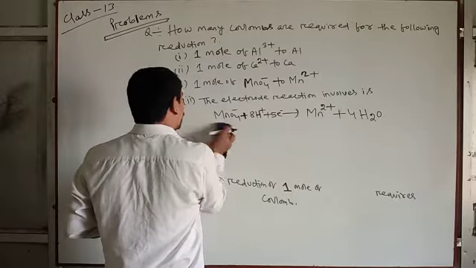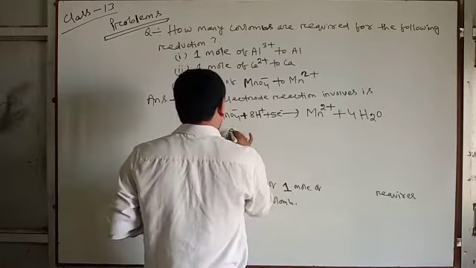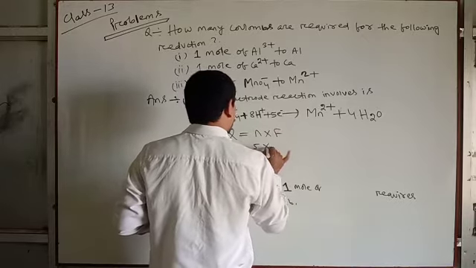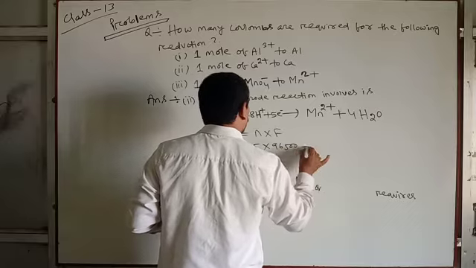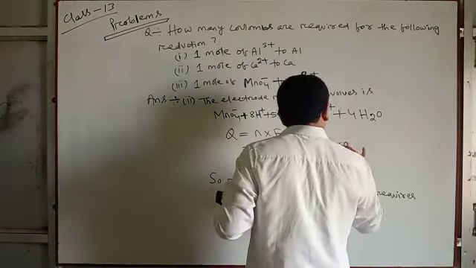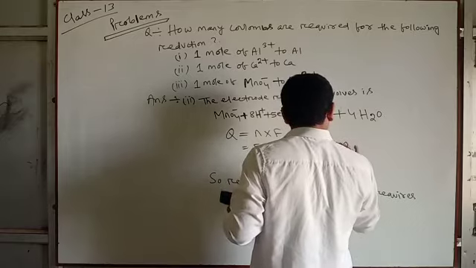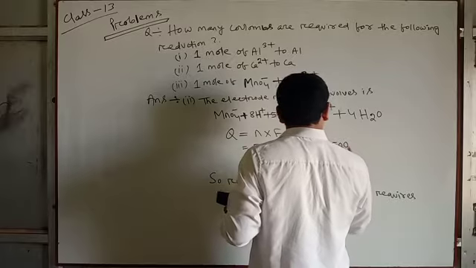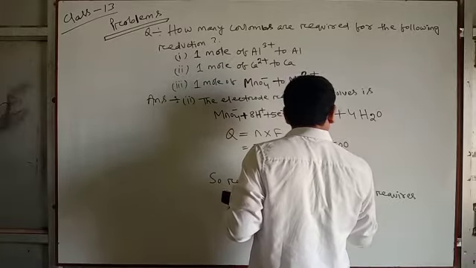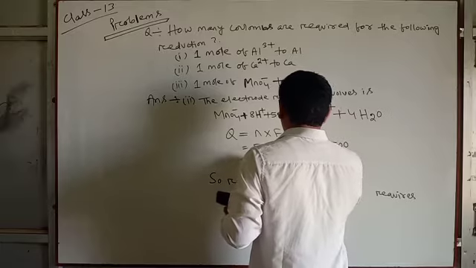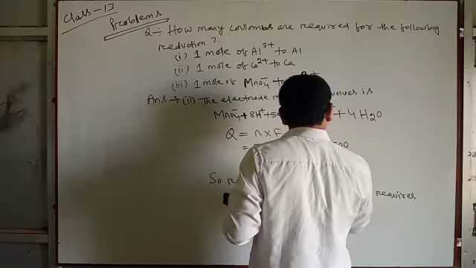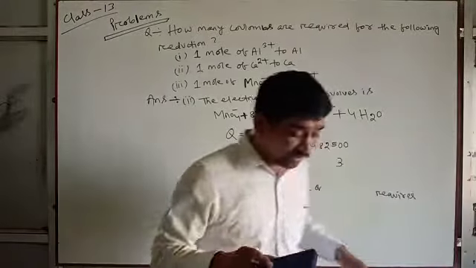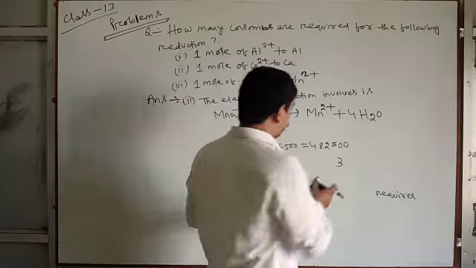So Q equals how much? Q equals NF. Q equals N into F. 5 into 96500 coulomb, that is 482,500 coulomb.